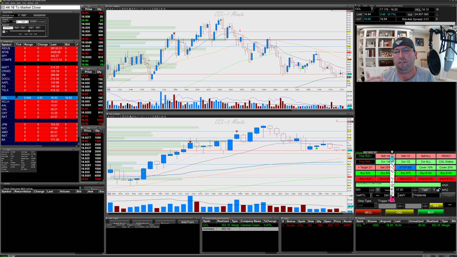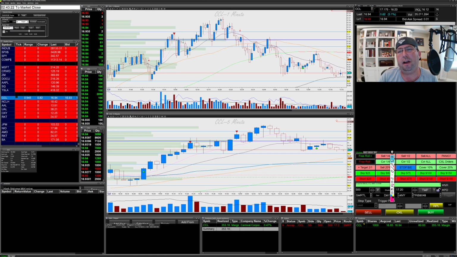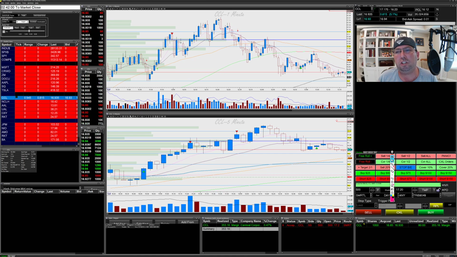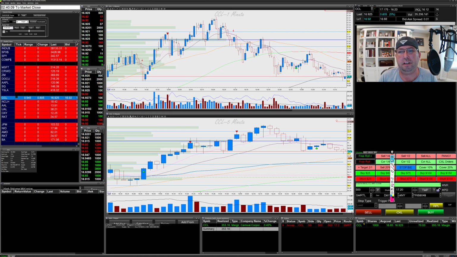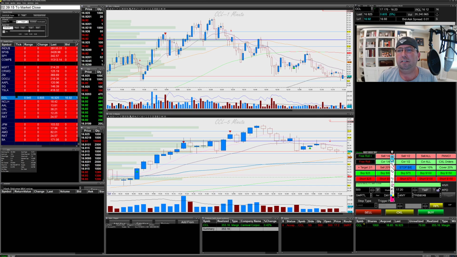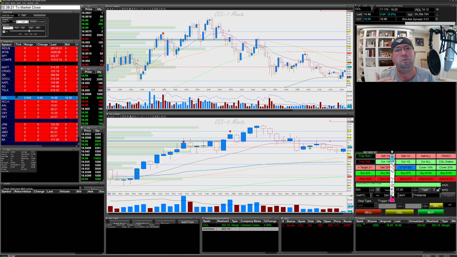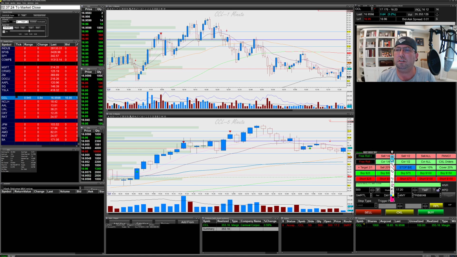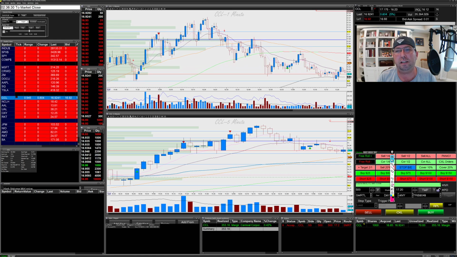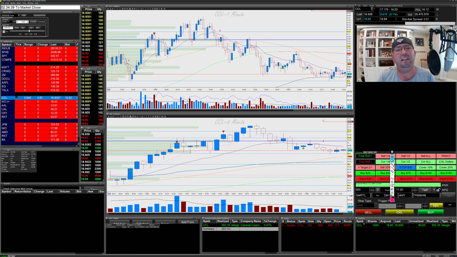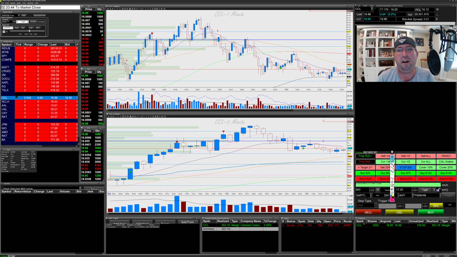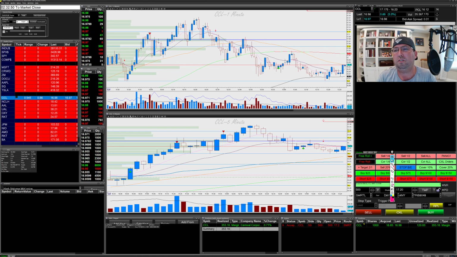Because what I've done is I've averaged in, but I've averaged in leaving my break even just below 1690, like around 1685 or 1670 or something like that. So this puts you in this really comfortable position that although you're taking on a lot of extra risk, you're not actually taking on the risk of more loss. You're just taking the risk of losing some of your profit, which is why the free roll works so well.